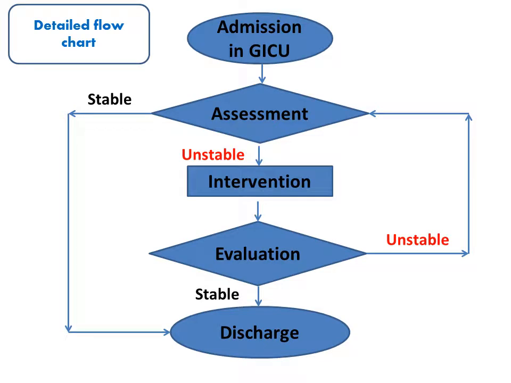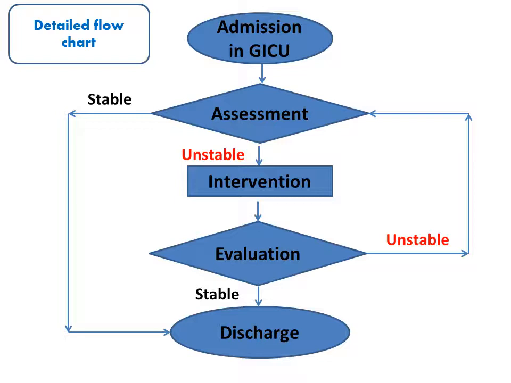This is another example of a detailed flowchart. If you observe here, this is the oval, this is admission. Here I made a decision, because of the assessment: if the patient is stable, we can discharge him.